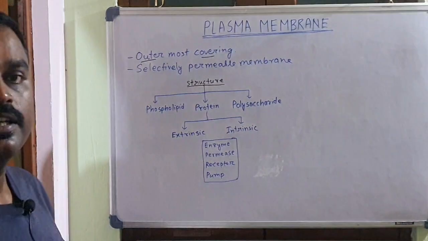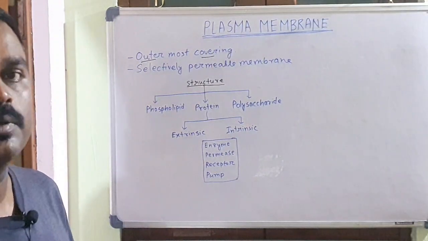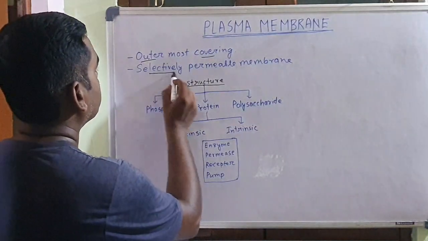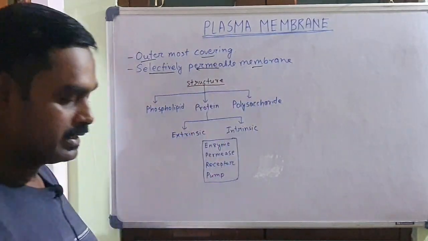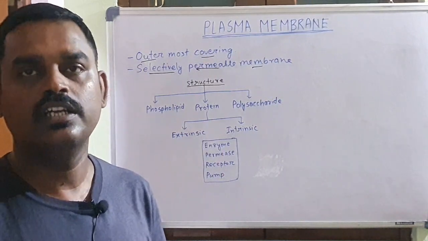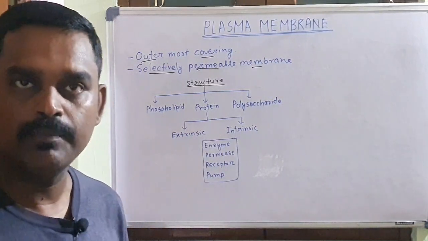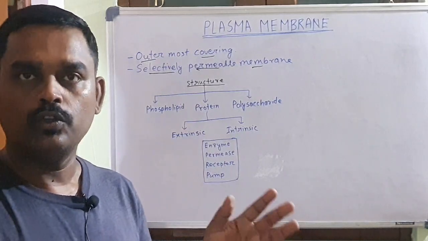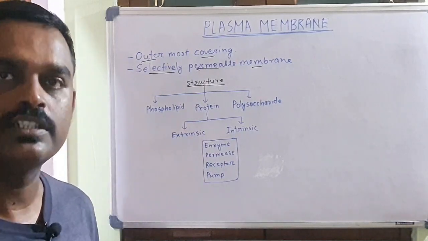The second most important characteristic of the plasma membrane is that it is a selectively permeable membrane. Selectively permeable means that not all the molecules needed by a cell can directly enter the cell.